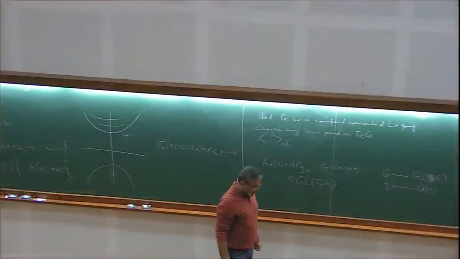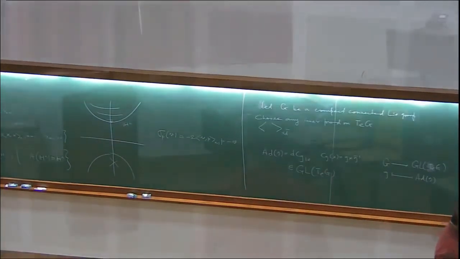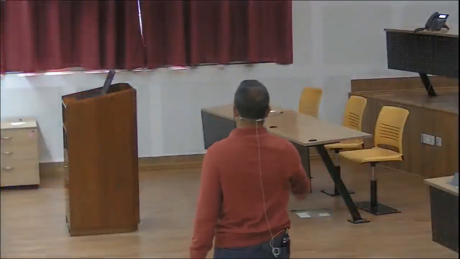Let me just point out that in a symmetric space, the full isometry group acts transitively, as we have seen. If we can produce symmetry at one point, we know symmetry everywhere.